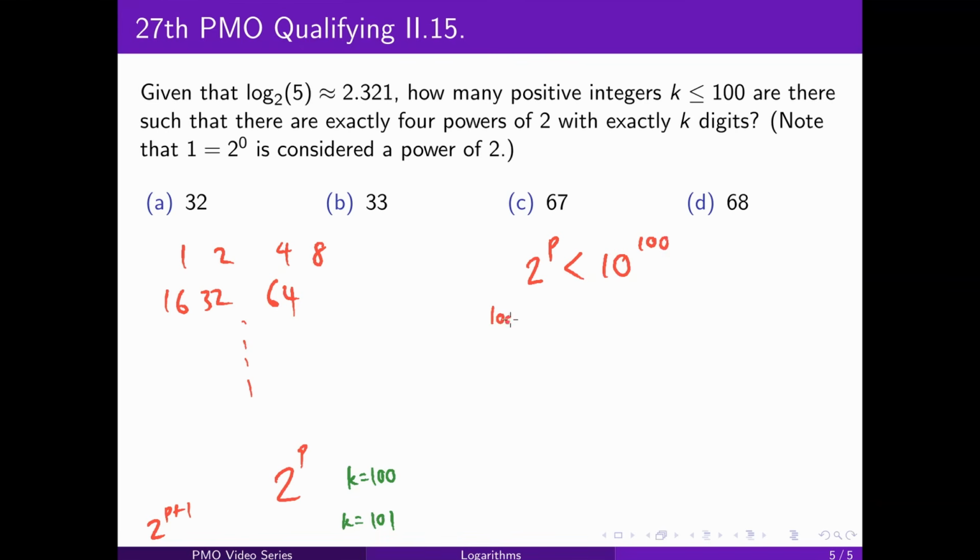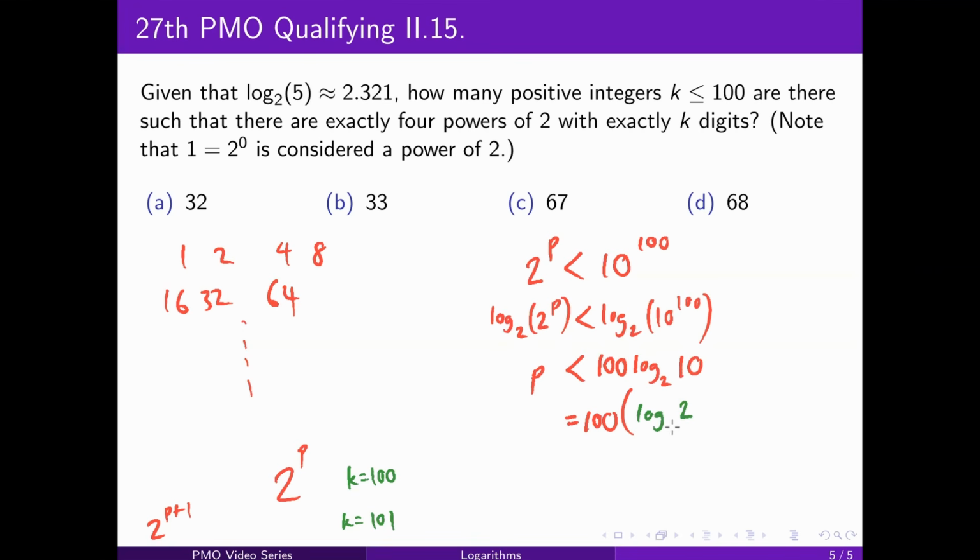If you apply logarithm base 2, because you want to extract p, the left side just simplifies to p, while the right side simplifies to 100 times log 10 base 2, remember property 2.